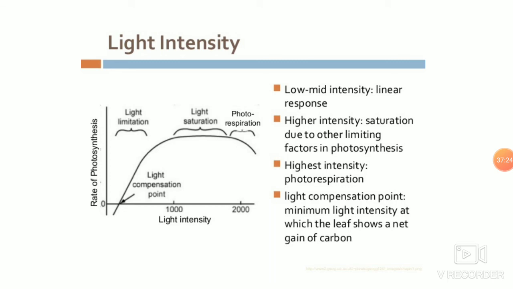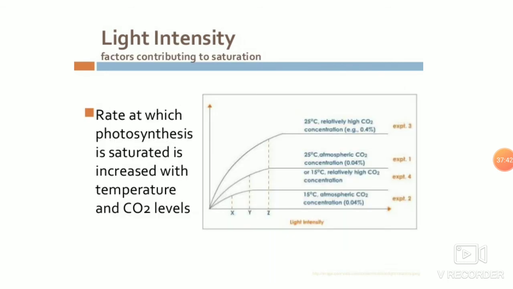The minimum amount of light that is needed to initiate the photosynthetic reaction is the light compensation point, the minimum light intensity at which the leaf shows a net gain of carbon. So people have tried to increase or lower the temperature, but as you increase the temperature, there is a slight increase in the activity.